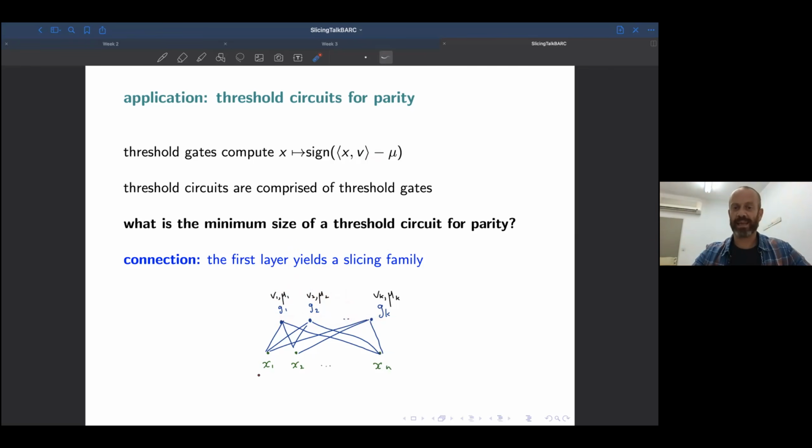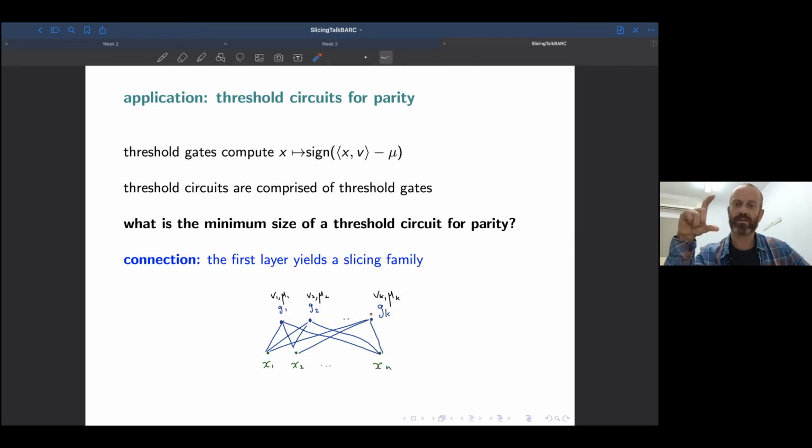The reason is very simple. If there is an edge that is not sliced by these K gates, then all of them output the same value on the two opposite sides of the missing edge. So there is some edge that is not sliced.